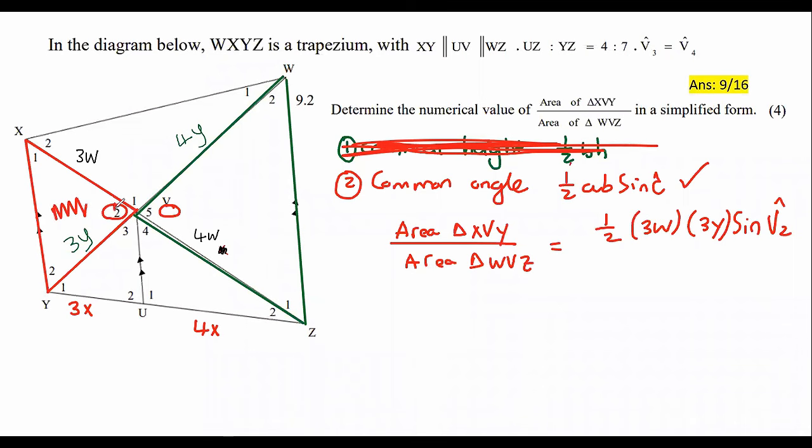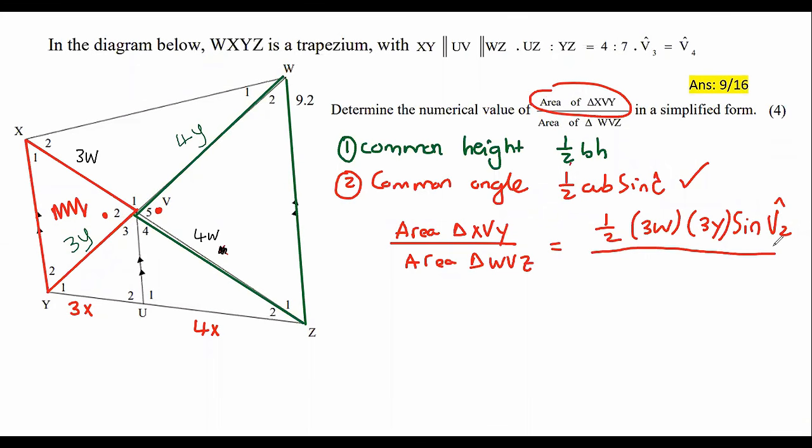Okay, see what I've done there? I've just used the area rule on that triangle over there. Now I'm going to fill in the area rule for the green triangle. Let's do it in green. So that's a half times 4W times 4Y times the sin of angle V5.